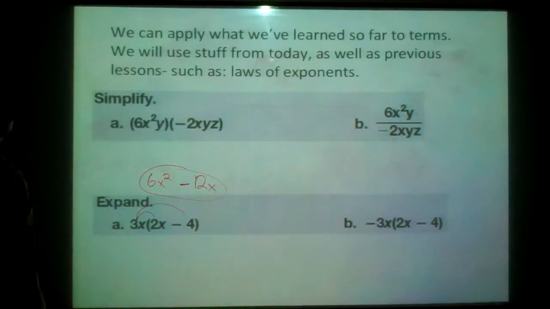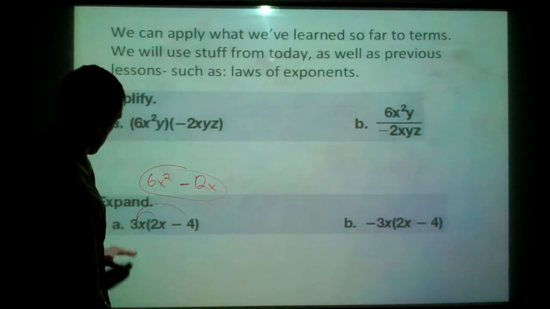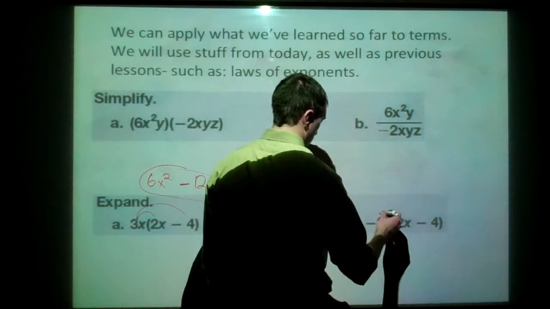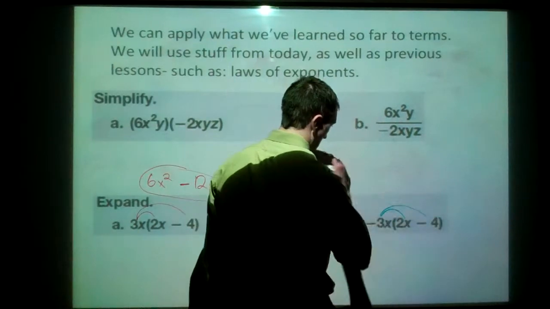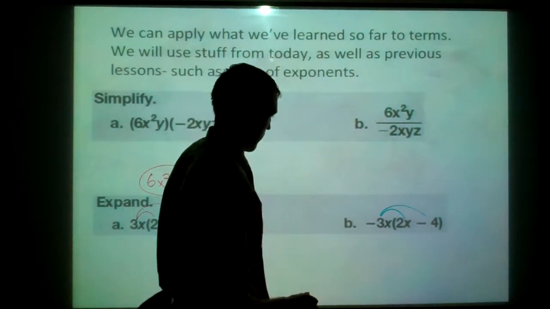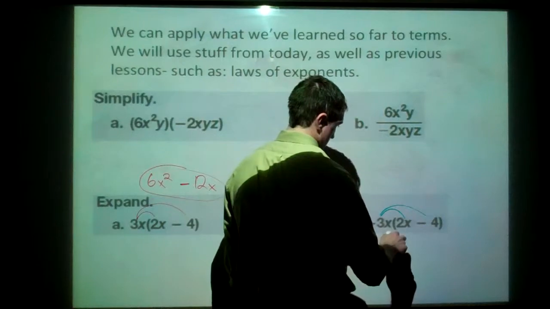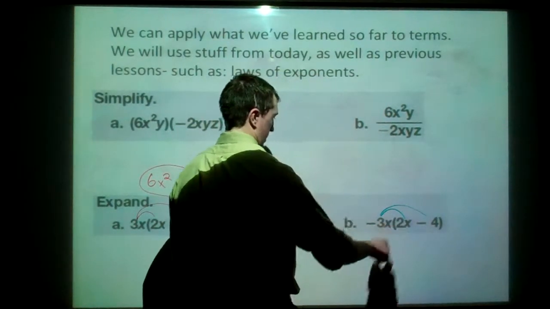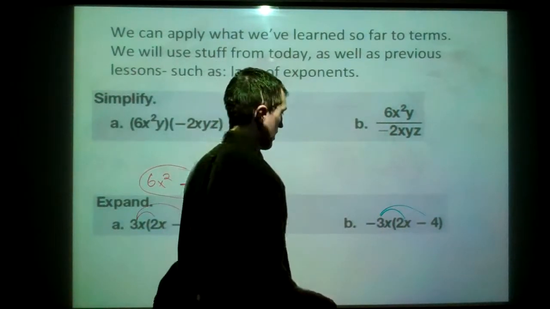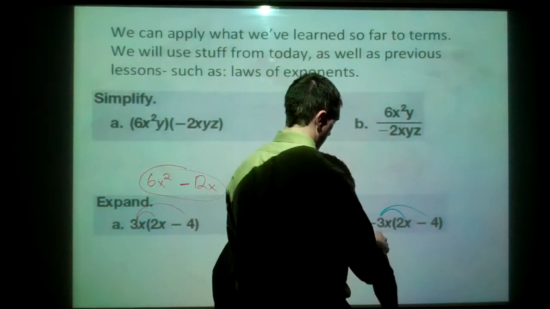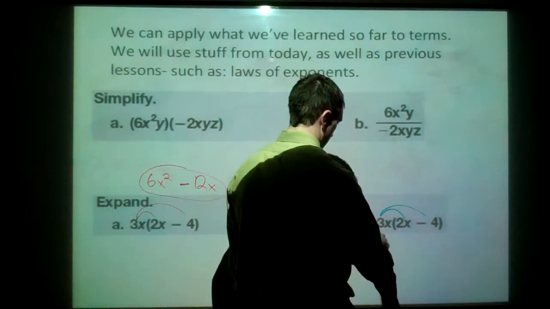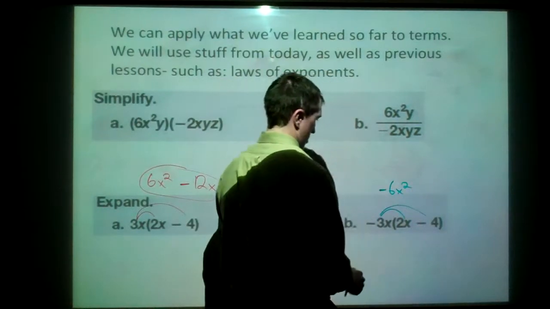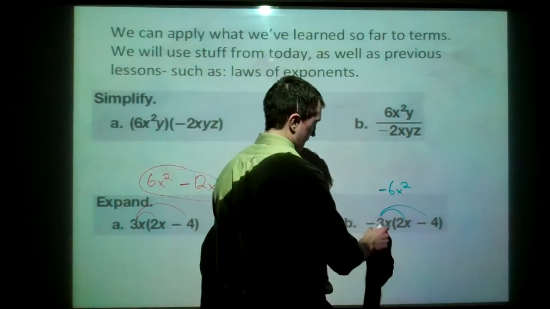And the only difference between A and B is that we have a negative 3x on the outside as opposed to just a positive one. So we have negative 3x times 2x. Negative 3 times 2 is a negative 6x squared. But now when we look at this, we actually have a negative times a negative.